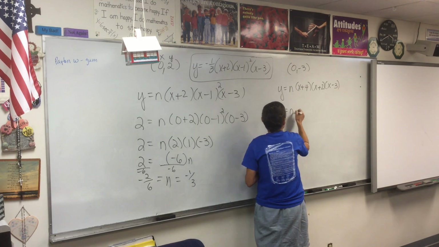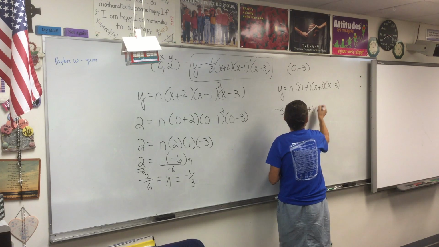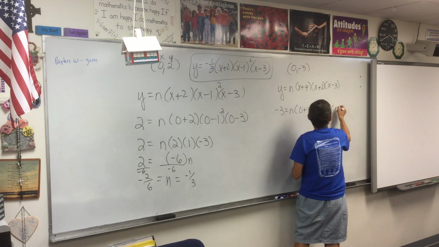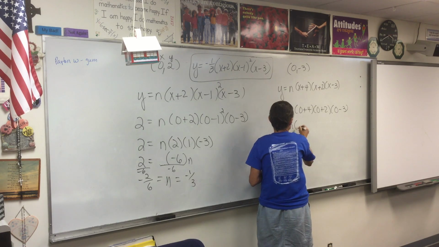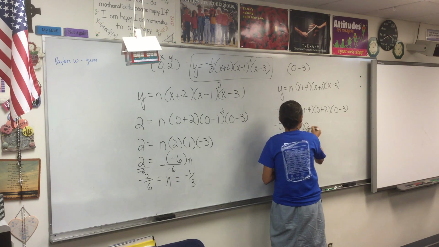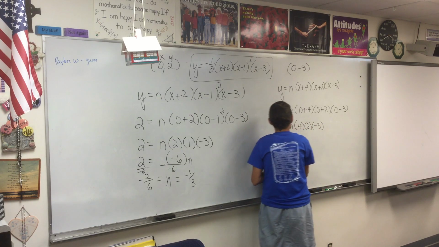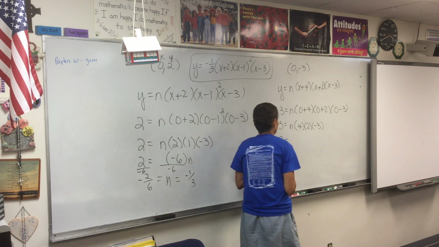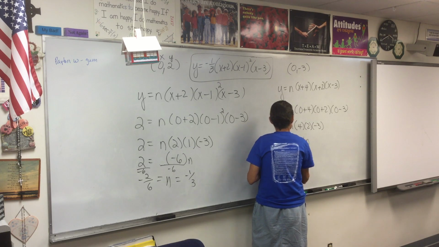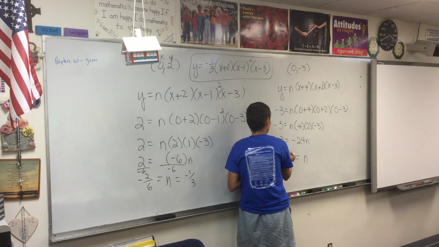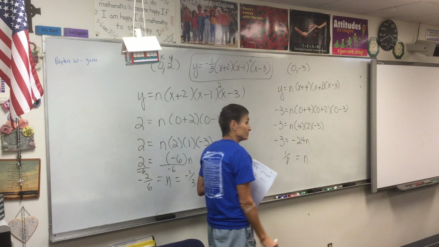So -3 equals n times 0 plus 4, 0 plus 2, 0 minus 3. So that's 4 and 2 and -3. What does all that multiply to give me? -24. So dividing would be 3 over 24, 1/8.